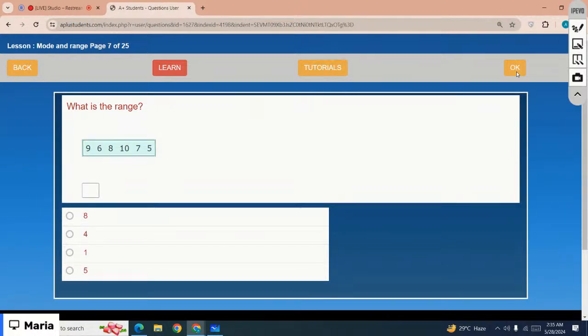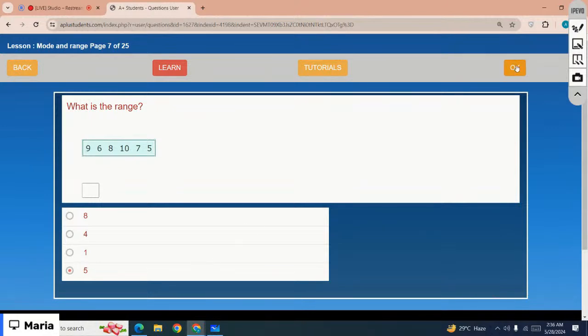What is the range? Which is the correct option? The correct option is yes, 5 it is.